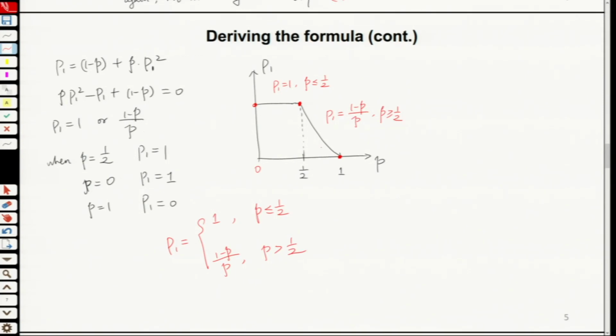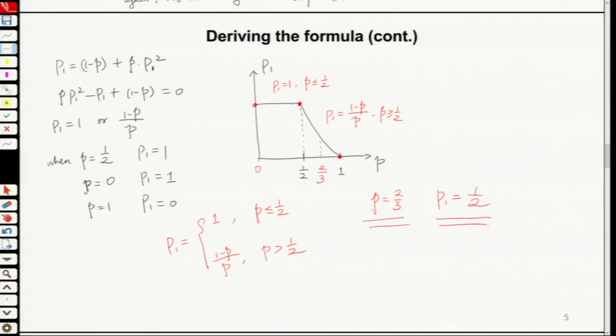Now suppose P equals maybe 2/3. So what if P equals 2/3? What is P1? 1/3 divided by 2/3. That's 1/2. Yes, this is 1/2.